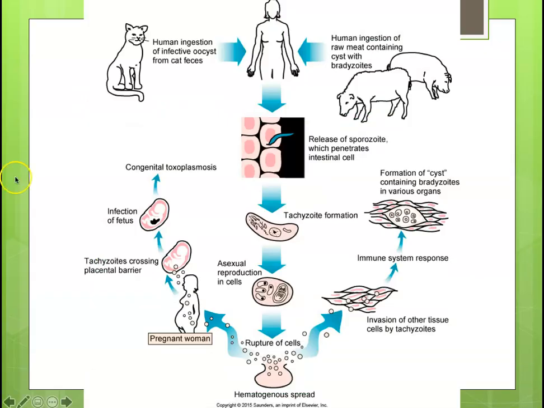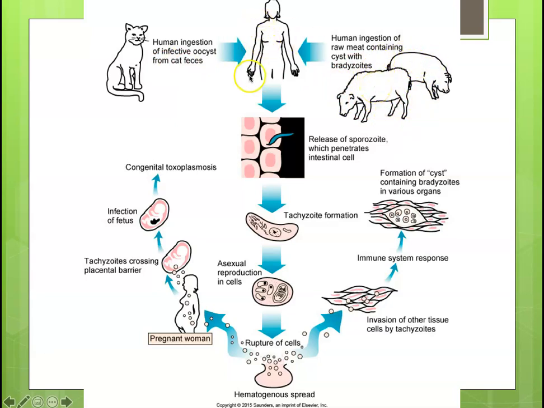So let's talk through it again. Man can get infected by ingesting infective oocysts from cat feces, or we could eat undercooked meat containing the cyst with the bradyzoites. These animals could have ingested the oocyst from cat feces, and bradyzoites could be in this animal meat.